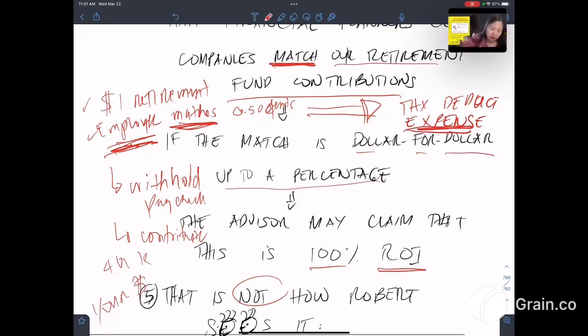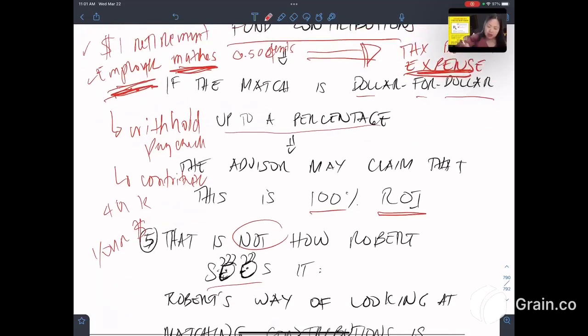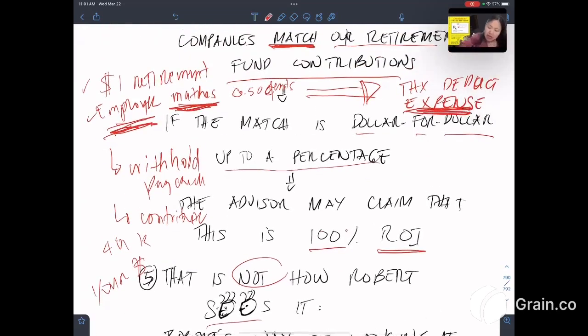So remember that the retirement account is your money. It is my money. It is Robert's money. And this matching can be offset by the company against their net operating income. It can offset their gross operating income. Why? Because it is an expense.